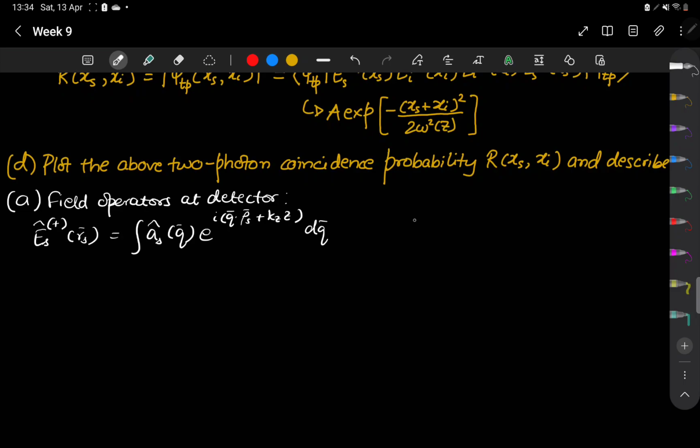So this is the field operator at the detector. We need to evaluate this. A similar expression holds for the idler as well.